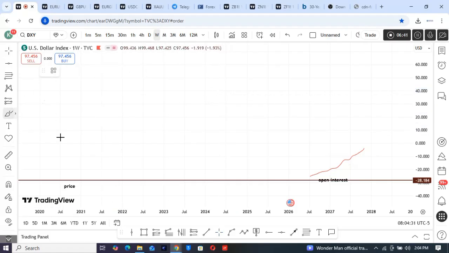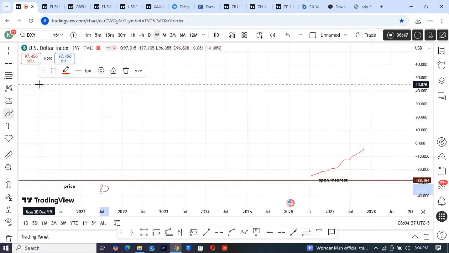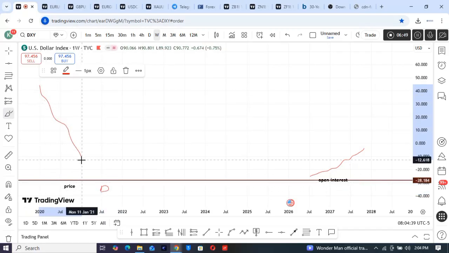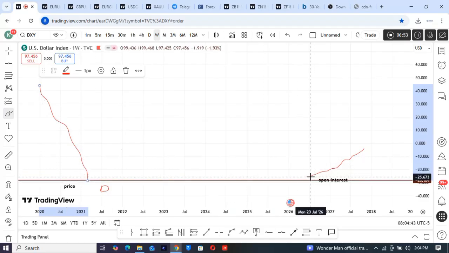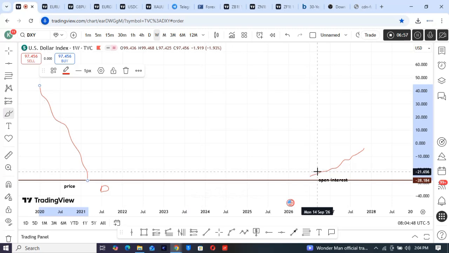Our discounts, I'll put D there, discount array. So we see price reaching for our discount array, while the open interest was in favor of the next position. The total buyers or sellers of the market is what makes up the open interest, which determines the flow of money into the futures contract.